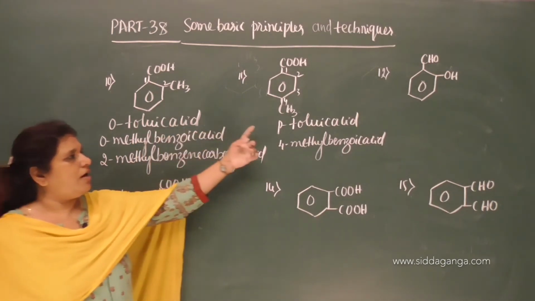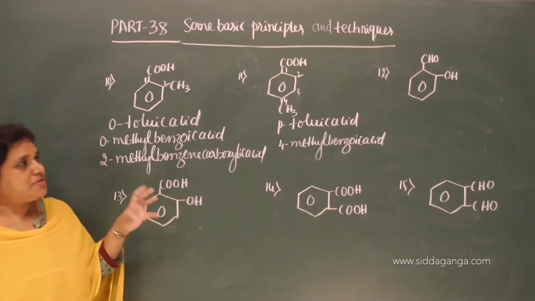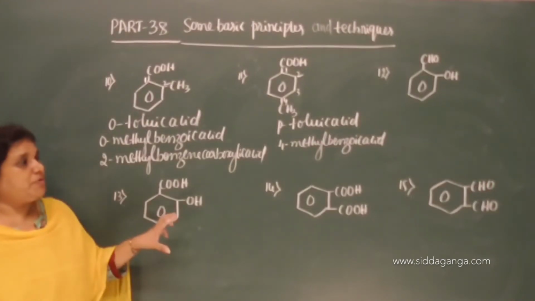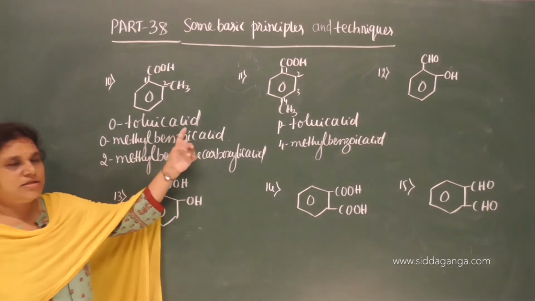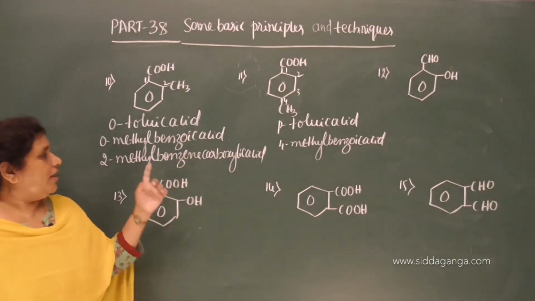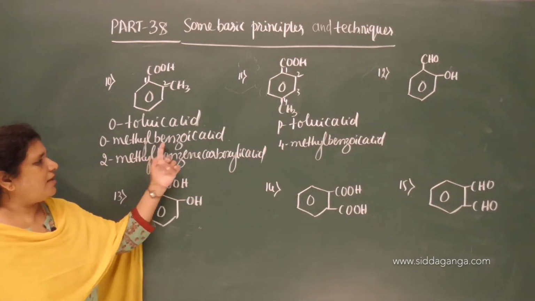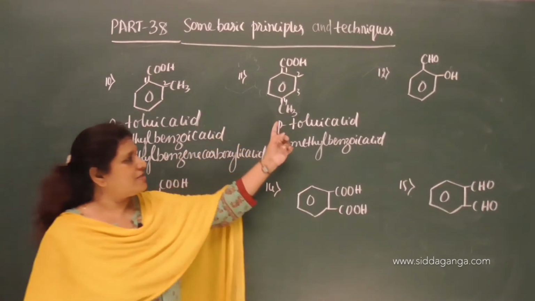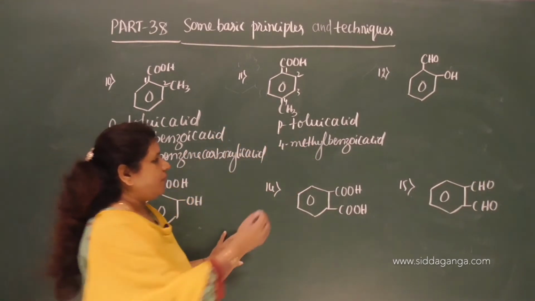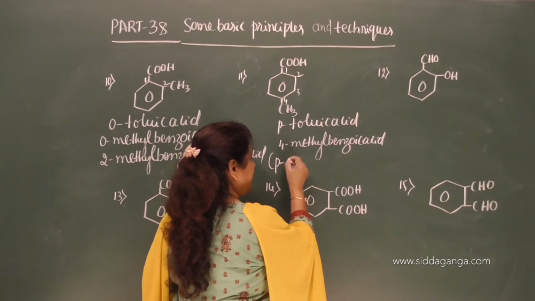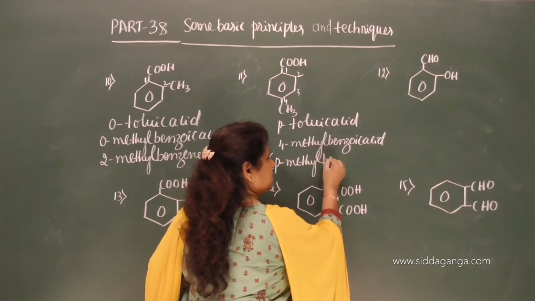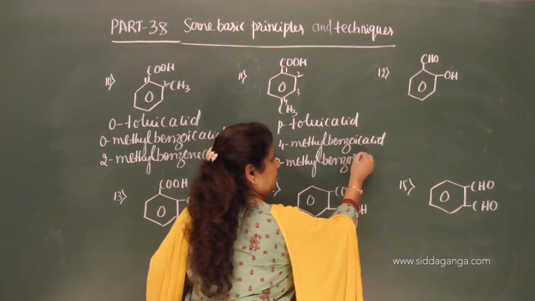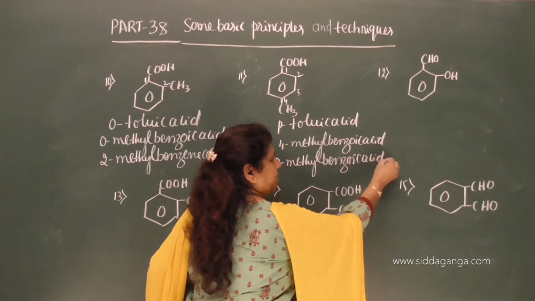So in these two, the substituents are the same, but the positions of the groups are different. So ortho-tolic acid, para-tolic acid, and you can name them o-methyl benzoic acid and p-methyl benzoic acid.